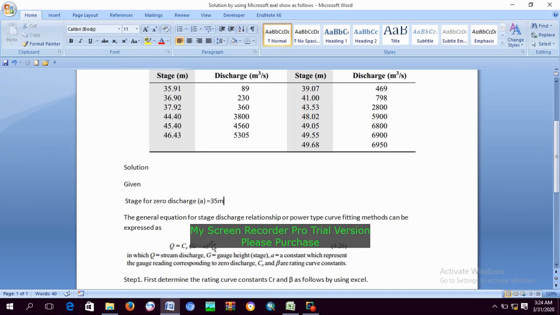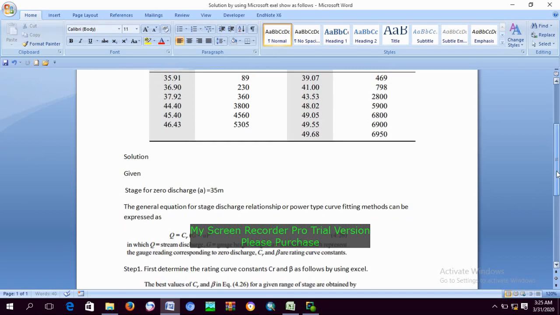CR and β are constants, that means rating curve constants determined by using the simple least squares method, and G is the gauge height at a given time, and A is a constant, the gauge reading corresponding to zero discharge. Simply, it is the stage for zero discharge.